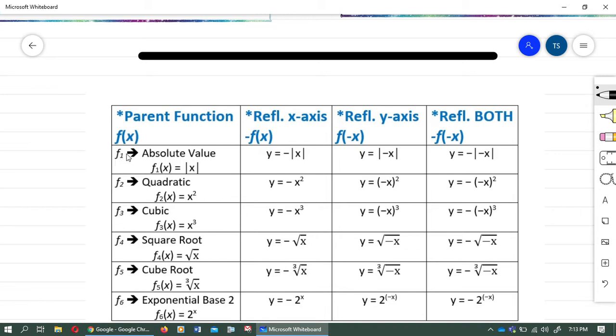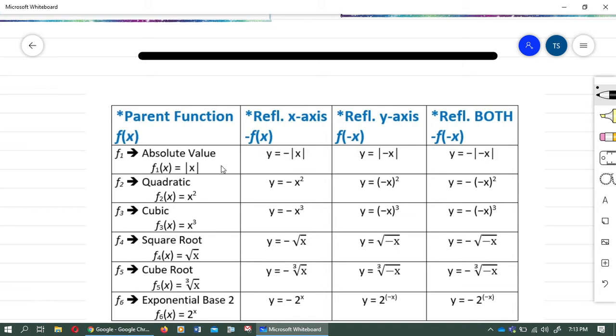Again, these are different functions, and I've just got that little subscript number there just to distinguish that they're different functions. Okay, so f1, f2, f3, f sub 4, f sub 5, f sub 6, right? Different functions, or the different functions have a different name.